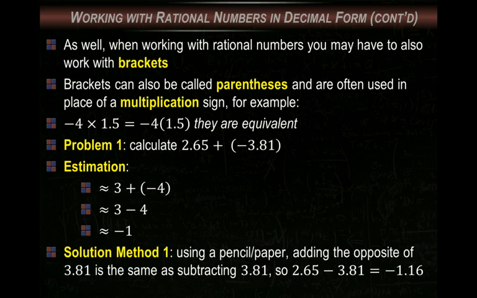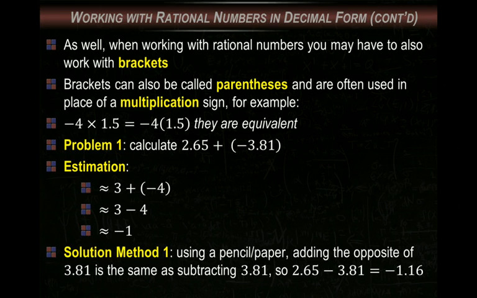That would be the same thing. If I'm adding a negative, it's like adding the opposite. It's the same as subtracting, right? It's kind of the same idea there. So here you can see in the estimation, I'm saying, well, 2.65 is almost 3, and 3.81 is almost 4. So it's basically like 3 plus negative 4, which is really the same as 3 minus 4, which would be negative 1. So the answer to this is going to be around negative 1.